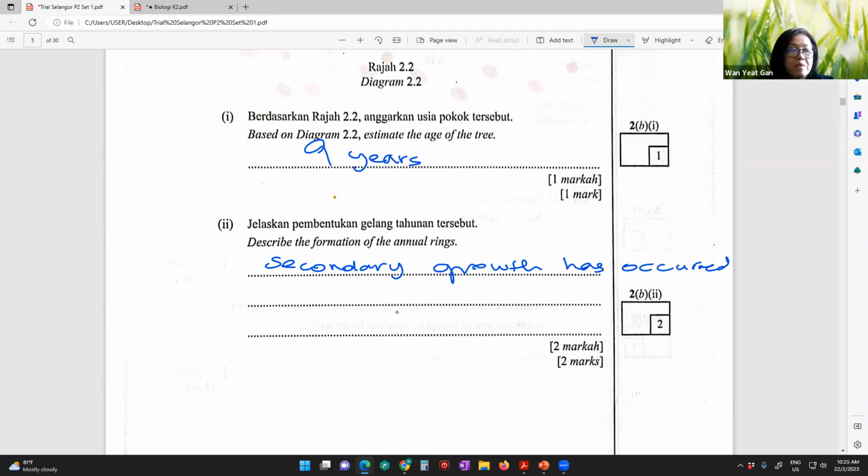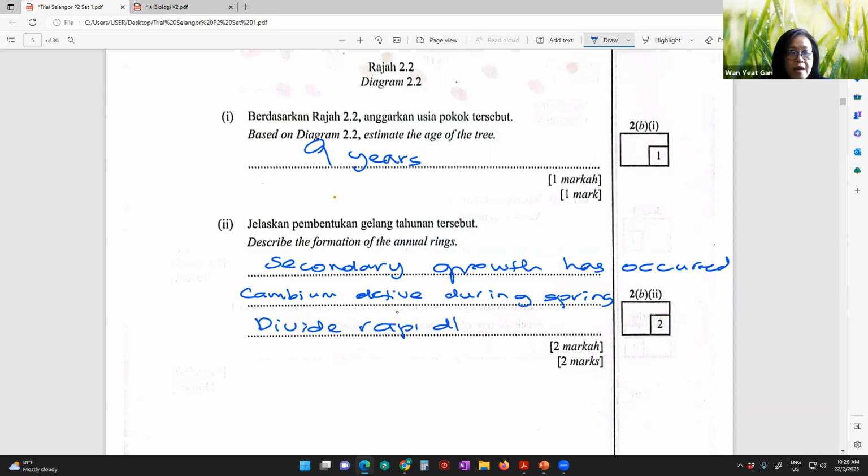Because of the cambium, vascular cambium, which is active during spring, all right? So when they are active during spring, they divide very rapidly.